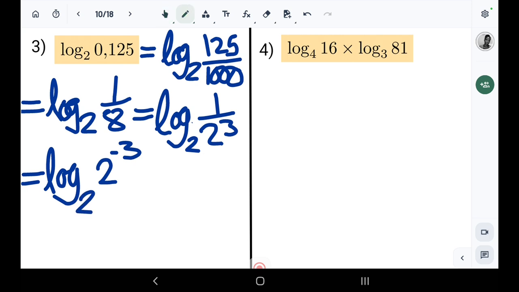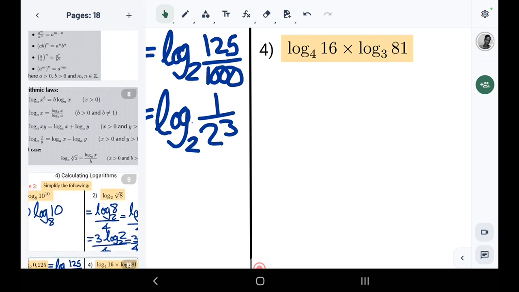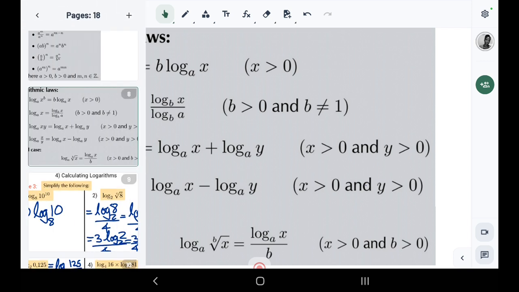Now we've got the log of x to the power of b to the base a. Here is the law we're now dealing with, the log of x to the power of b to the base a. That's what we're dealing with.